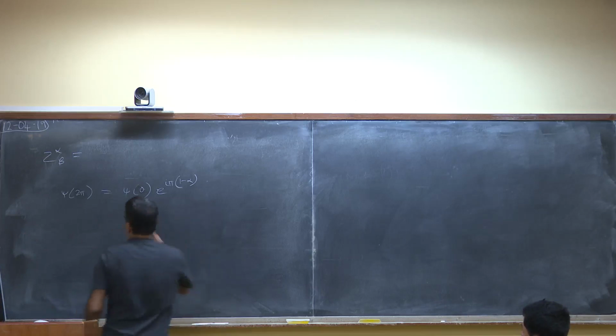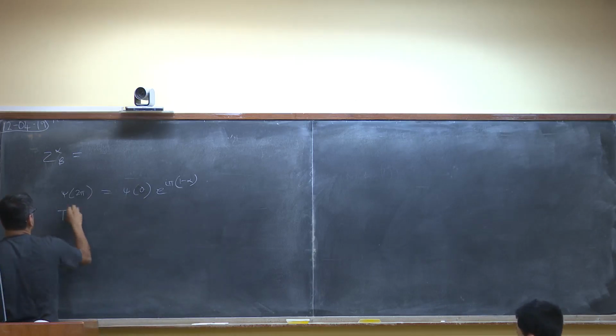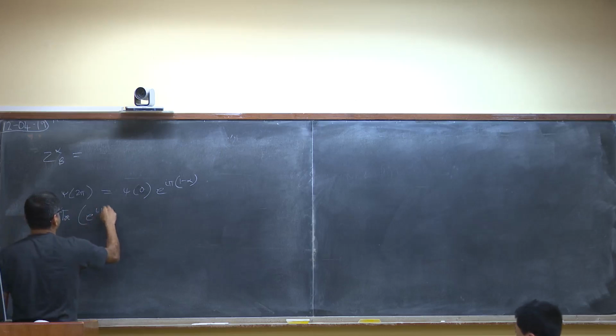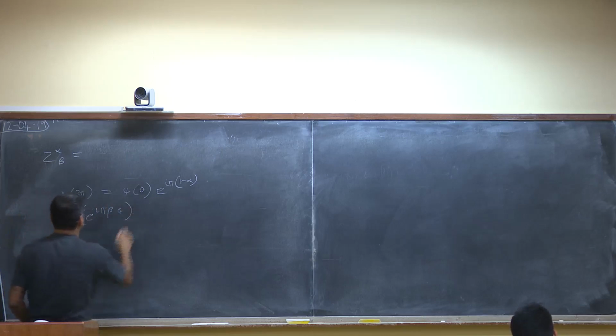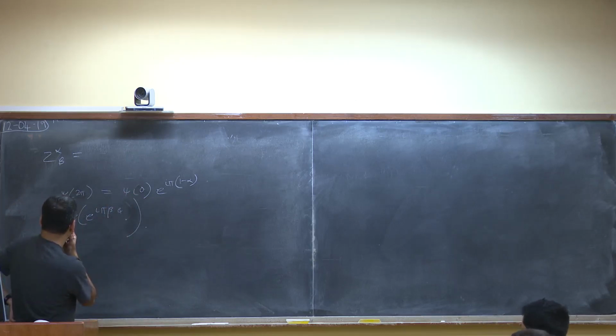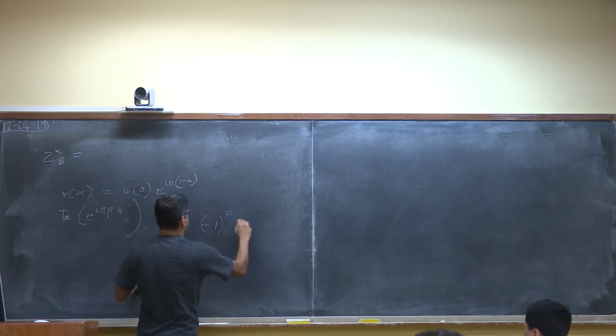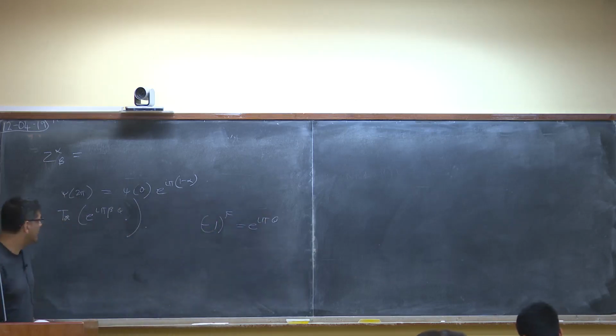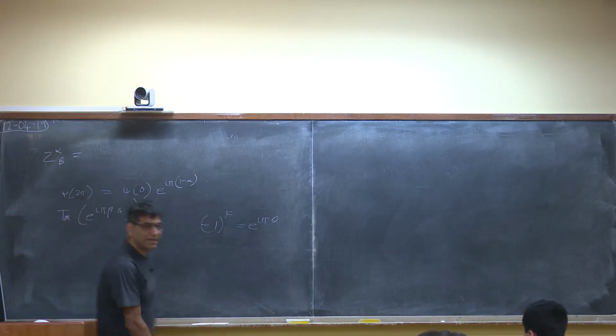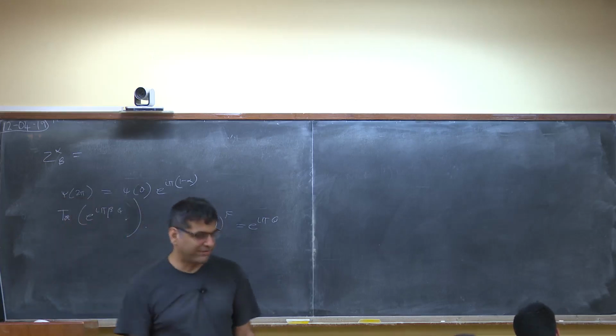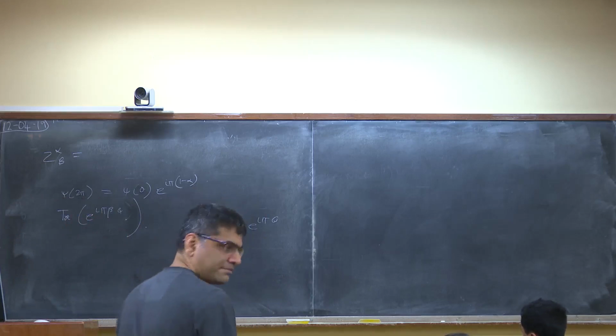So we're computing trace e to the power i pi beta Q, such that this Q charge was such that (minus 1) to the power f was equal to e to the power i pi Q. Okay, and so beta equals 1 becomes a factor of (minus 1) to the power f.